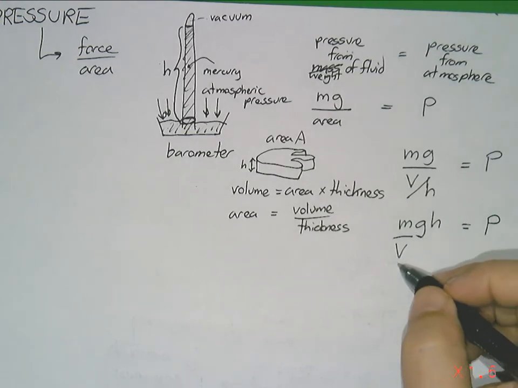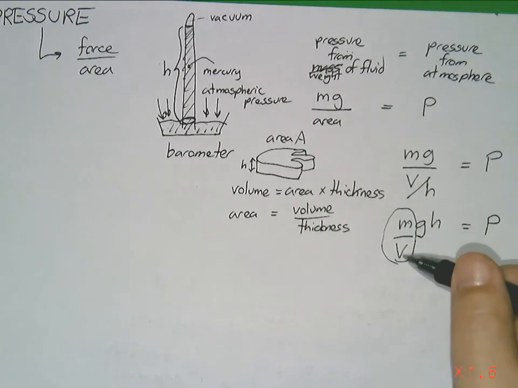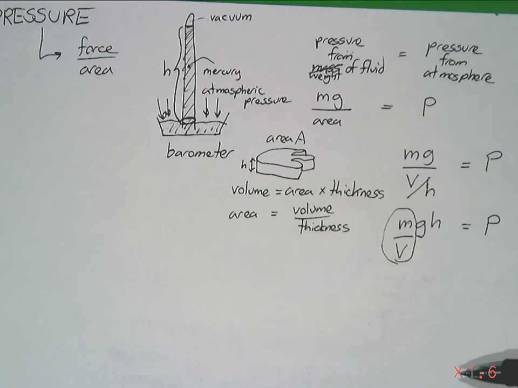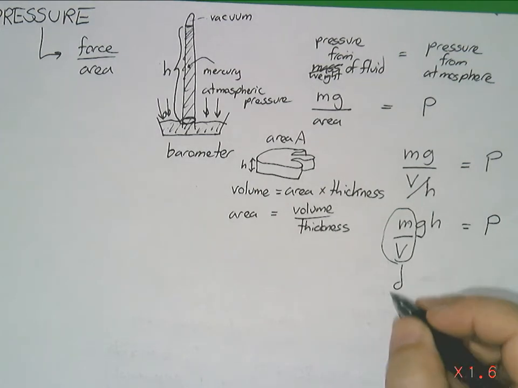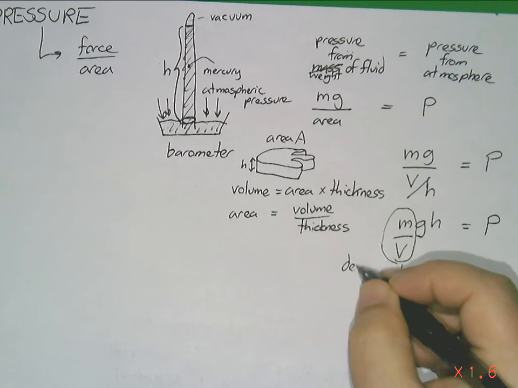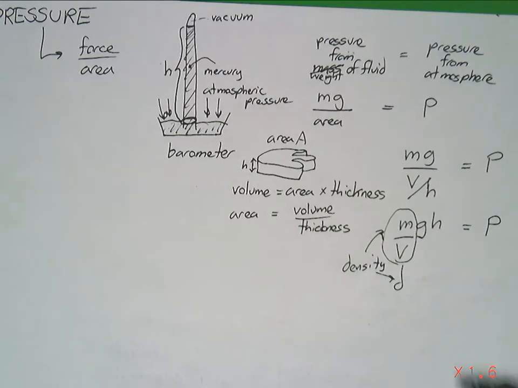But do you notice something about what I have right here? If I have mass divided by volume, what is that? We saw way back in the first chapter that that's something called density. Let's call that D, density. M over V is the density.